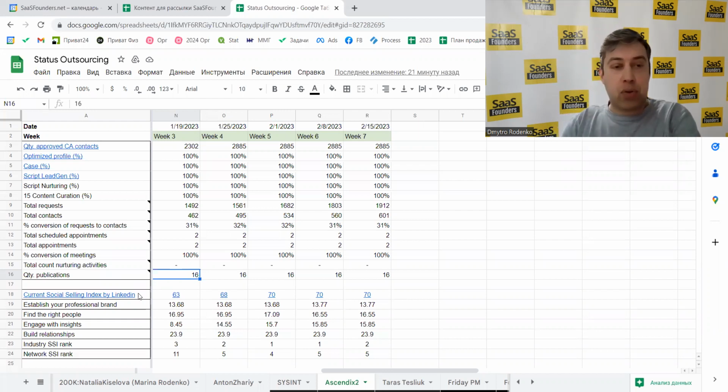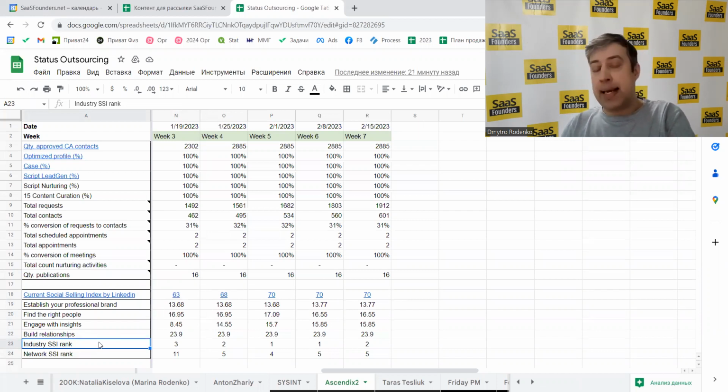Also, it's very important to track the SSI indicators, the current SSI tracked by LinkedIn. Well, it's quite technical. It gives us more insights. It's like a response from LinkedIn, or like indexes of LinkedIn tracking activities. So they track opens of our messages. They track acceptance rate.